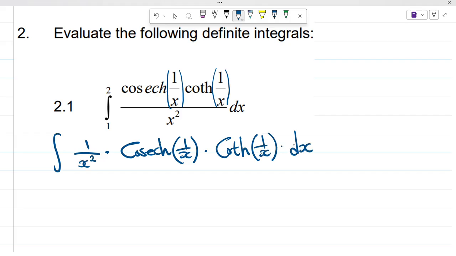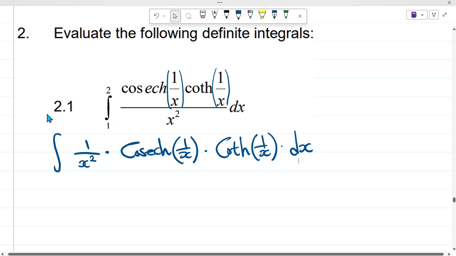So you can see that definitely there was something that was differentiated for us to get cosec and cot, right? But before we conclude that, we need to first make sure that there is the derivative of the argument next to these hyperbolic functions.